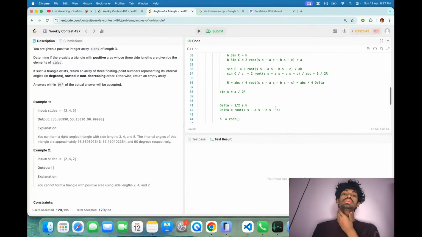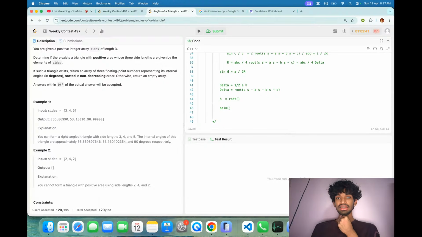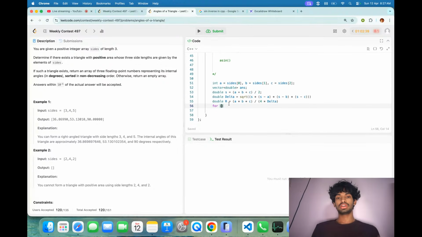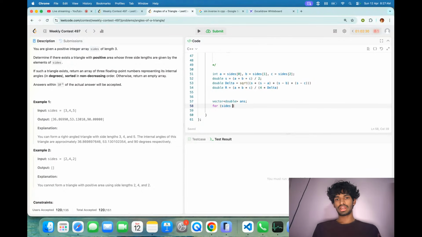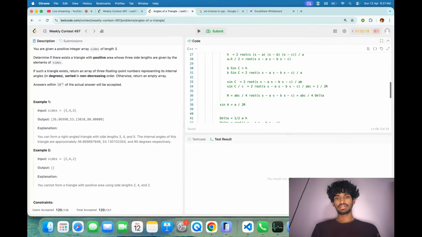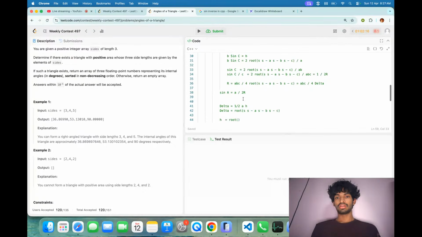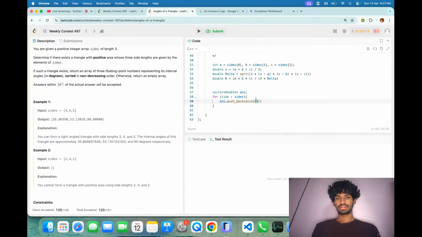Can move on. And then what do we need? Sine inverse of A by 2R is what we need, okay? Let's put that here. For side in sides, answer dot push back of asin of ABC by 4 delta, right? ABC by 4R. Okay, A by 2R.